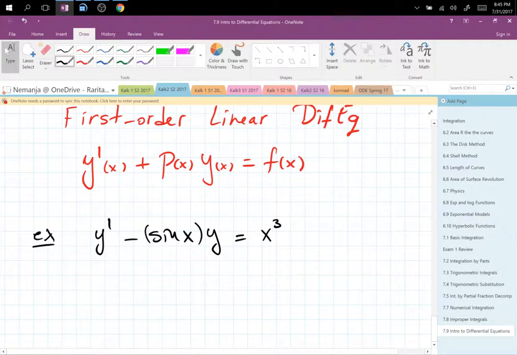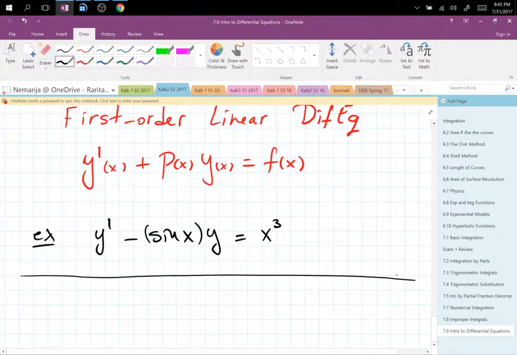When you do the other stuff, you are going to learn the method of undetermined coefficients, the method of variation of parameters, exact equations, and all of these other cool things that you can do to solve these equations. We are going to be concerned here with very basic equations, as suggested by the author.